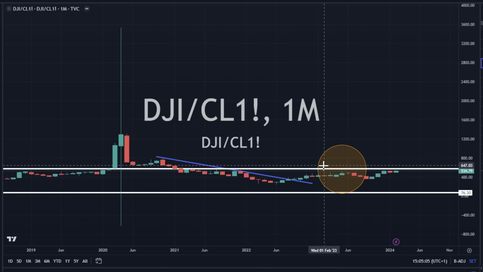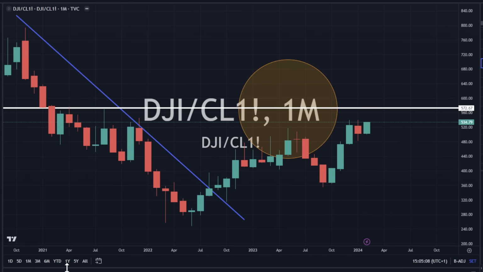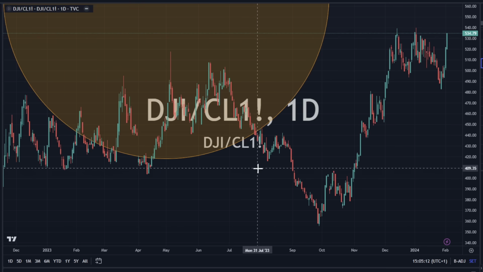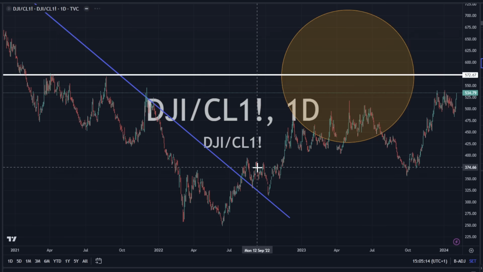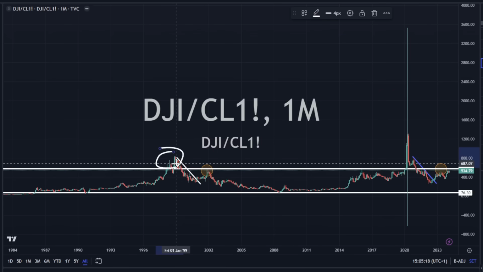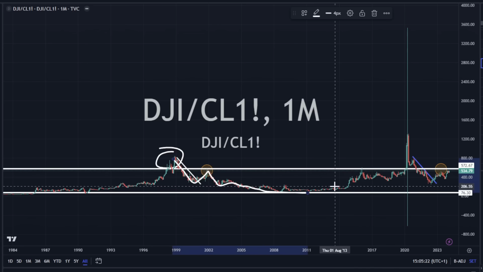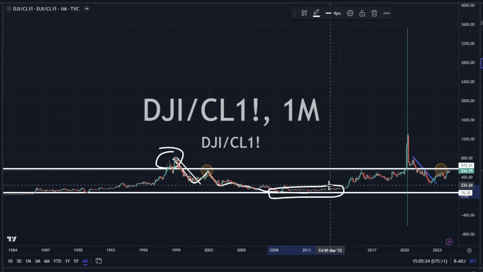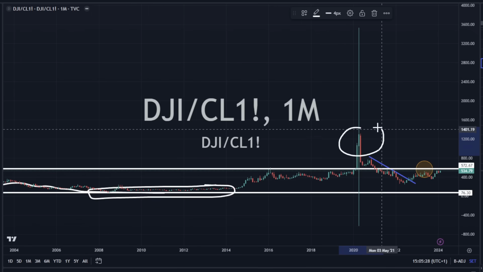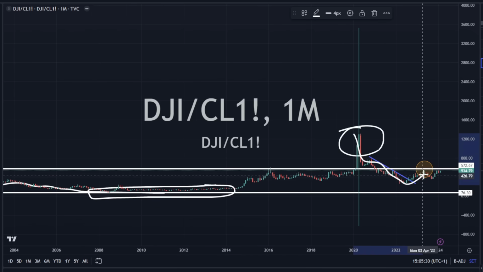Dow Jones versus crude oil, we're flipping it. You can see that it's been moving up in favor of Dow Jones the past few days because crude oil's fallen. But overall, if we take a big picture view, you can see we peaked out here, came down, retest, and then came all the way down into a very big low ratio there. We've cycled back up. We've had a peak. We've cycled back down. We've hit our head.